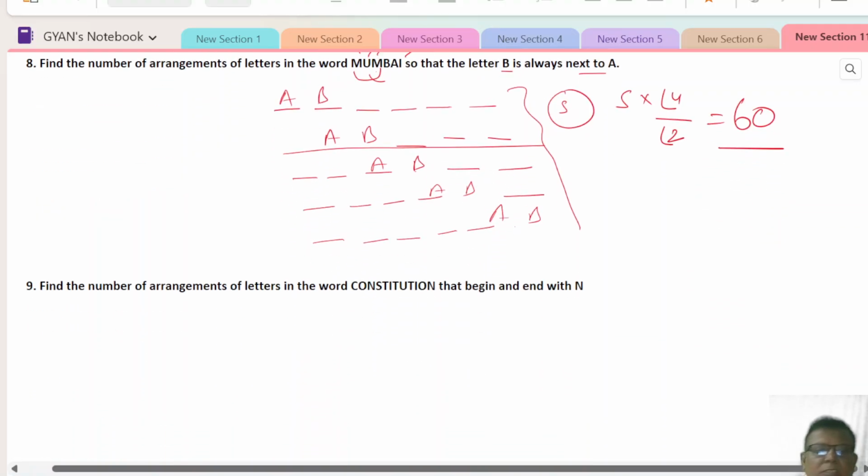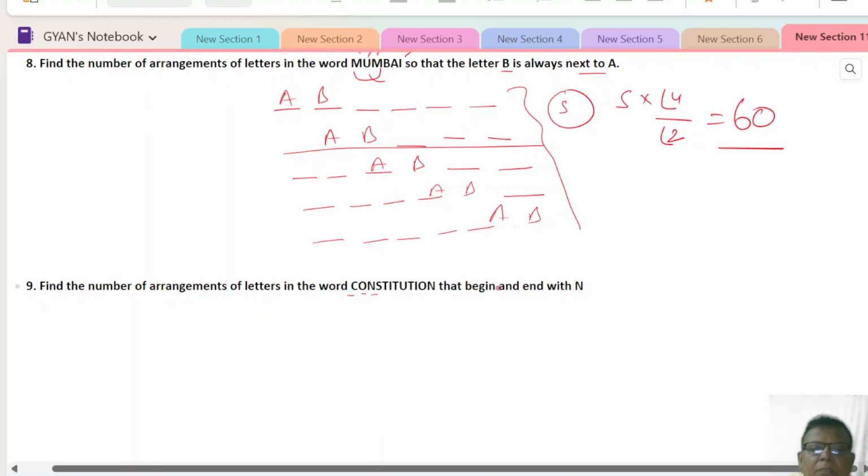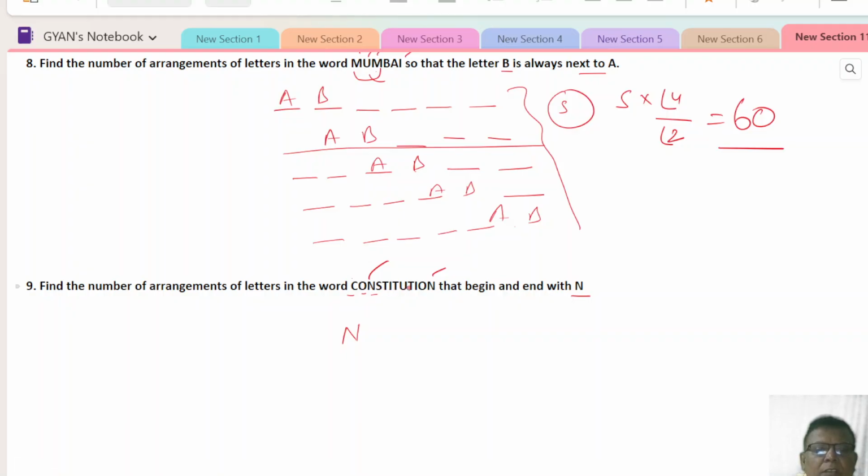Now come to question number 9. Find the arrangements of the word constitution that begin with N and end with N. So how many N is there? 2 N is there. So 2 N positions are fixed. So 1, 2, 3, 4, 5, 6, 7, 8, 9, 10, 11. So the remaining is 10.